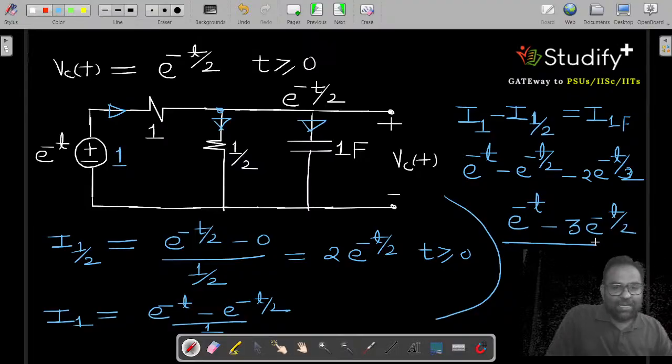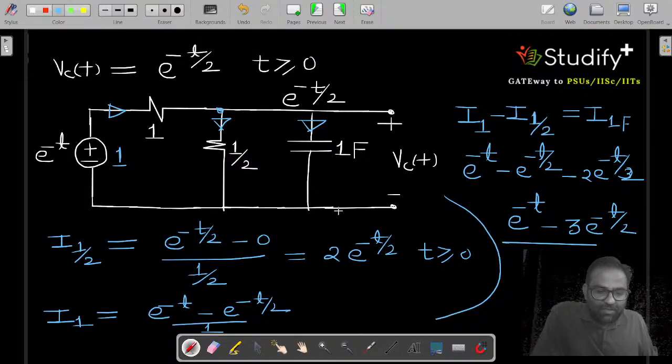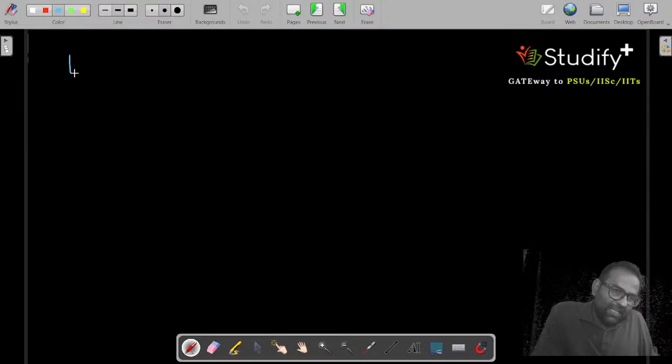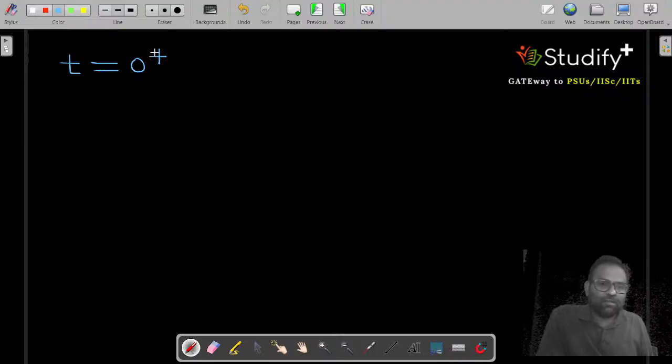These results are trying to tell us that if I draw this circuit at t equal to 0 plus, just after the switching, how will my circuit look at t equal to 0 plus?